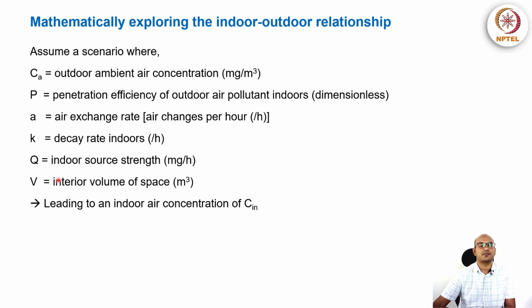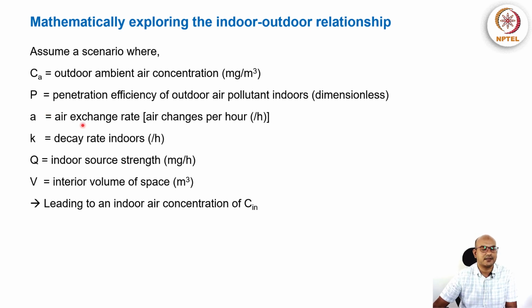So for this we will assume a scenario where we have a certain outdoor ambient concentration Ca, and a certain penetration efficiency of the outdoor air pollutant indoors. So maybe if we have a fan and a filter is attached, then the penetration efficiency may be low, because if it is particulate matter, then there will be less penetration to the indoor air.